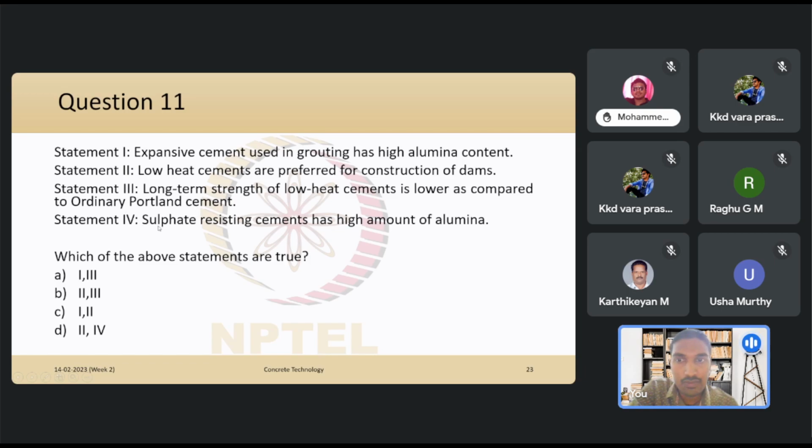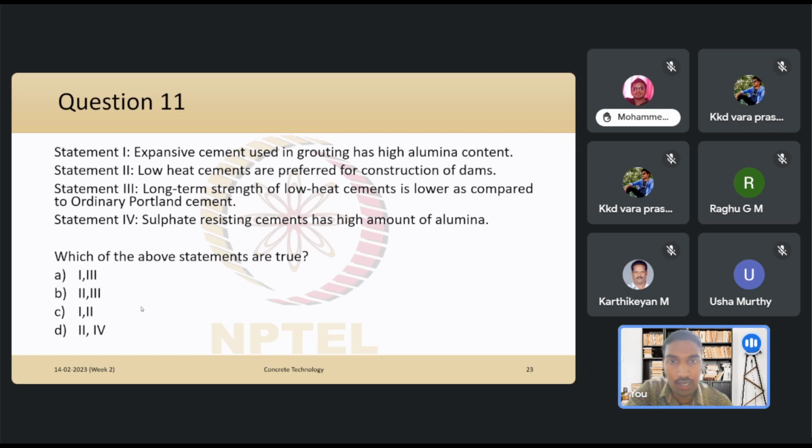So statement 4, we already talked about sulfate resisting cement, right? One of the first questions was about sulfate resisting cement, and we saw that sulfate resisting cement has lower C3A as compared to OPC. And why is that? Because we wanted to prevent sulfate attack, where the volume increases because of a large formation of ettringite from the reaction of sulfate ions.